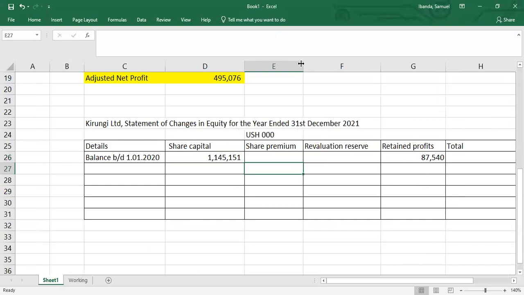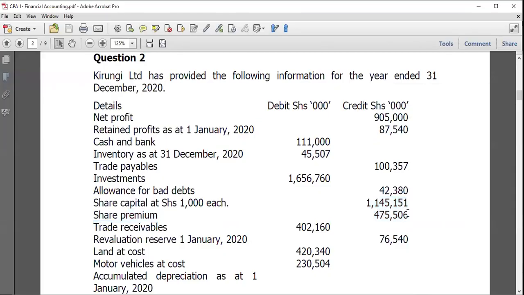And then share premium. Share premium, I'll just go back to what I have. Share premium is 445. So I'll just come and update the share premium value as well.